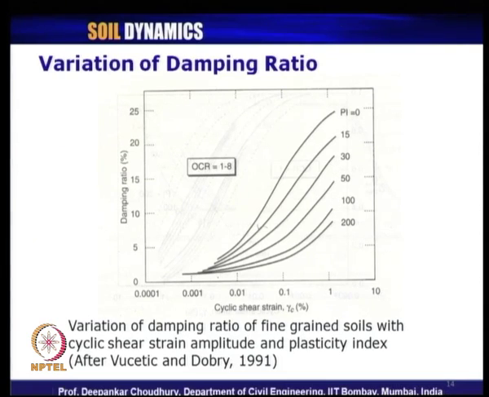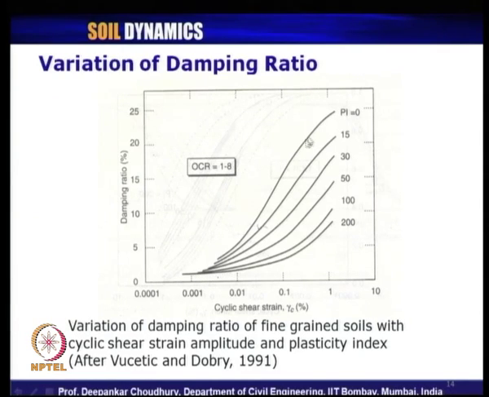Once again, the caution: later on several researchers have proved that we should not use this curve for PI equals 0, because it is not actually the representative curve for non-plastic soil. For sand also we can have a set of curves depending on their relative density.